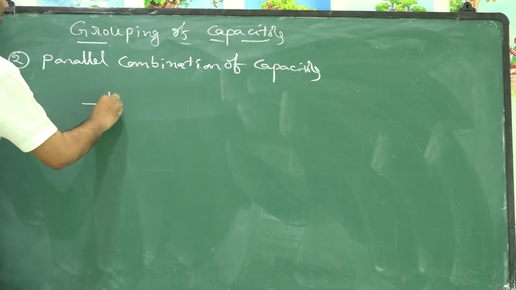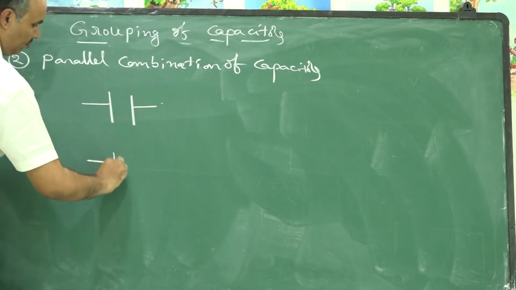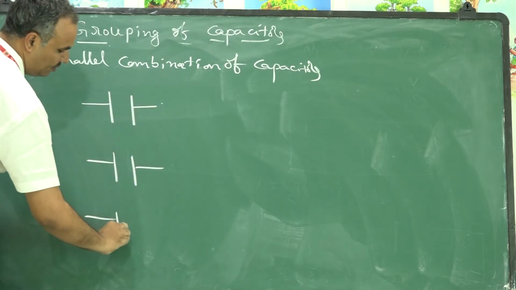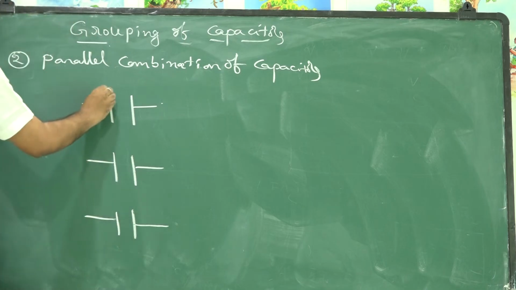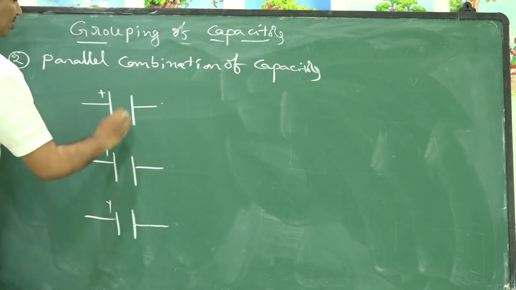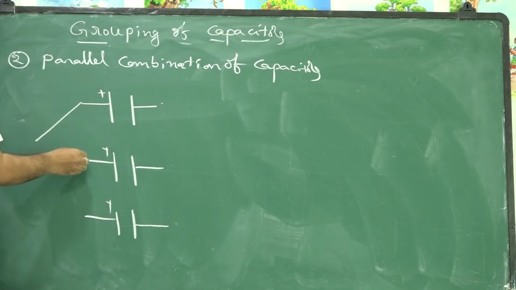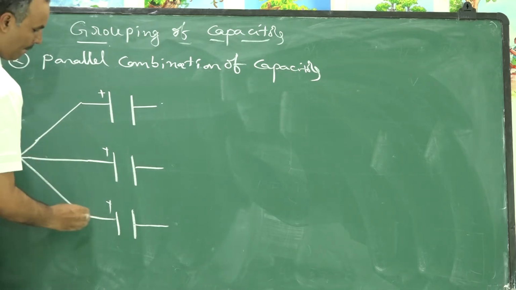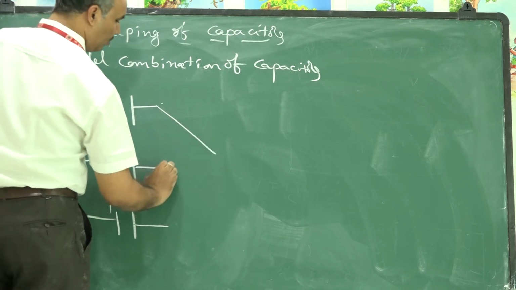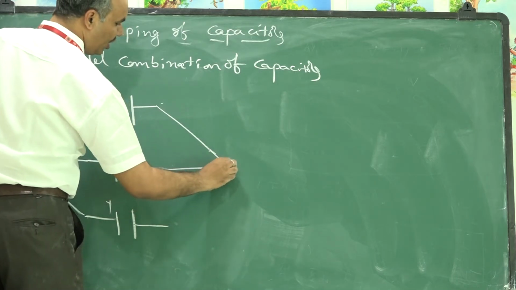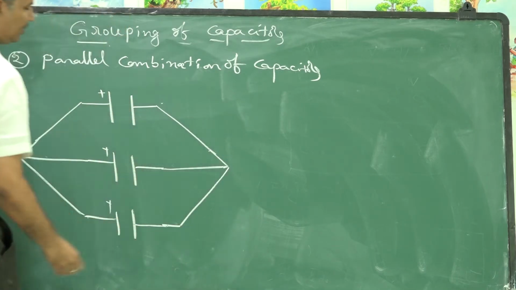Here also we will take three capacitors like this. Here all the positive terminals of the three capacitors are joined to the same terminal. All the negative terminals are joined to the same point like this.